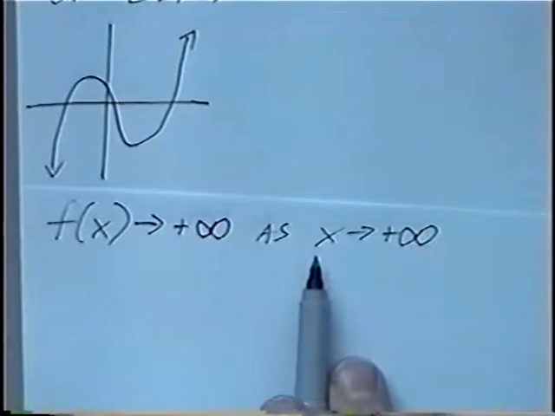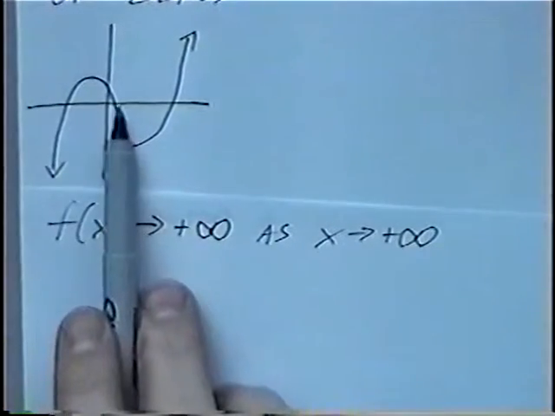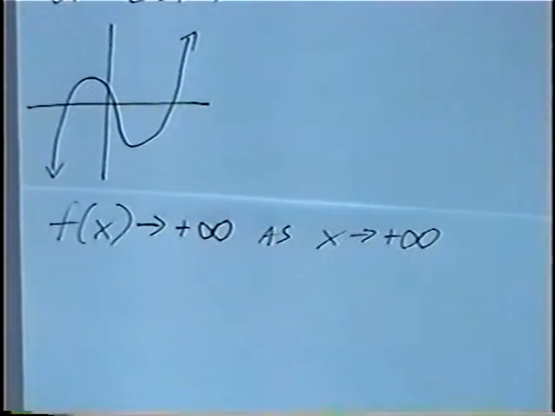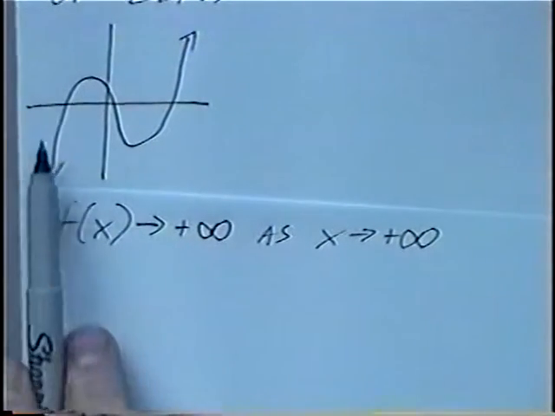What this means, x goes to positive infinity, means we're talking about the right side of the graph, the positive x's. The graph itself also goes up to the top, positive infinity. The second part for end behavior is the left side of the graph. The left side of the graph goes down to the left.